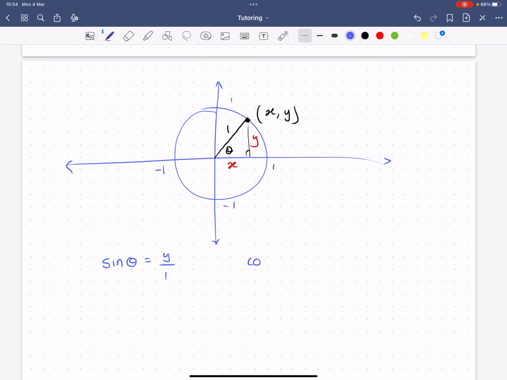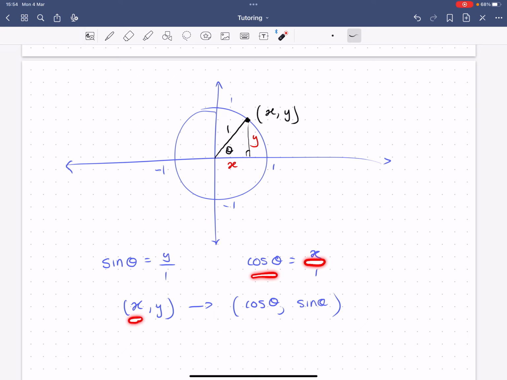Now, if we wanted to look at cosine, cos of theta is adjacent, x, over hypotenuse, 1. So what that has told us is that the point (x, y) along a unit circle becomes (cos theta, sine theta), because the value of x is cos theta and the value of y is sine theta.